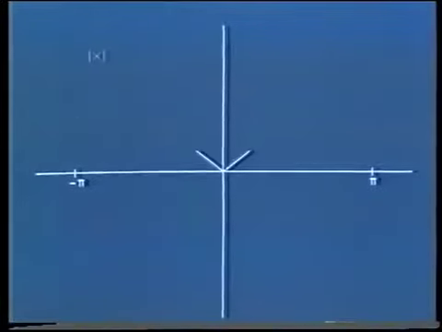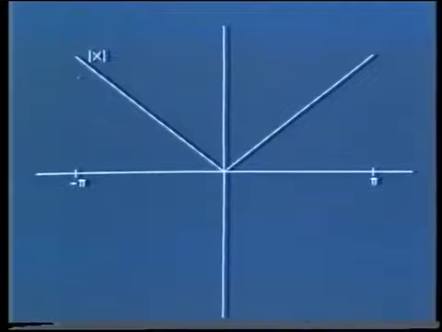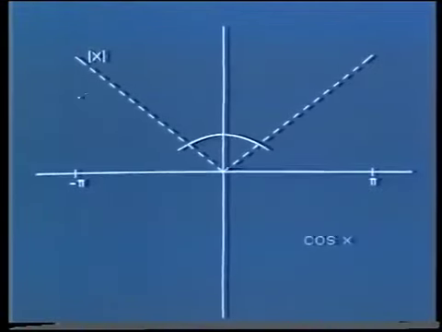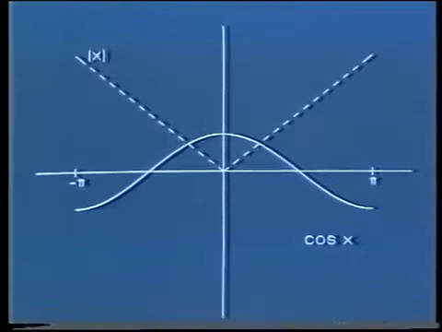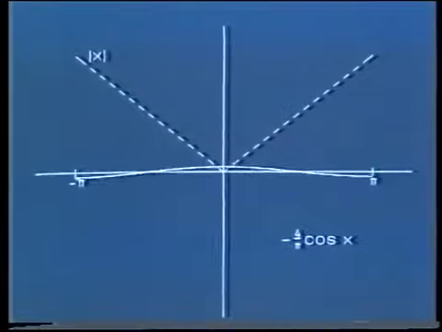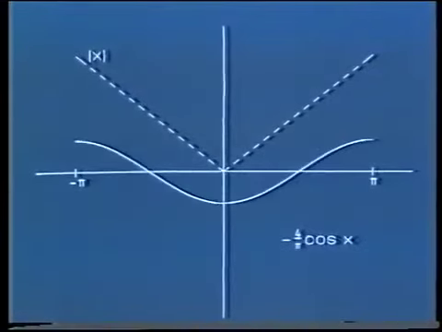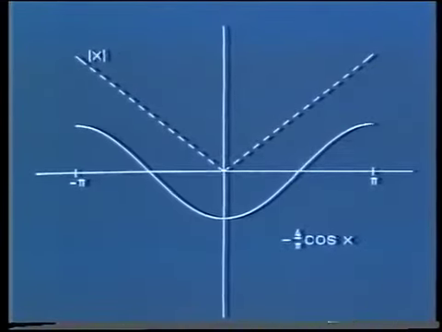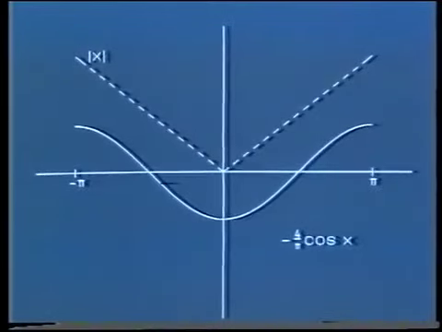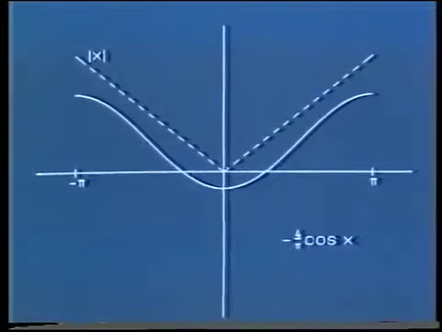This is the function mod x from minus pi to pi. And this is the function cos x from minus pi to pi. Notice that both functions are symmetrical about the y-axis. Multiplication of the cos x function by the Fourier coefficient minus 4 over pi gives this function. And if we want to approximate this to the mod x function, we need to translate in the plus y direction.